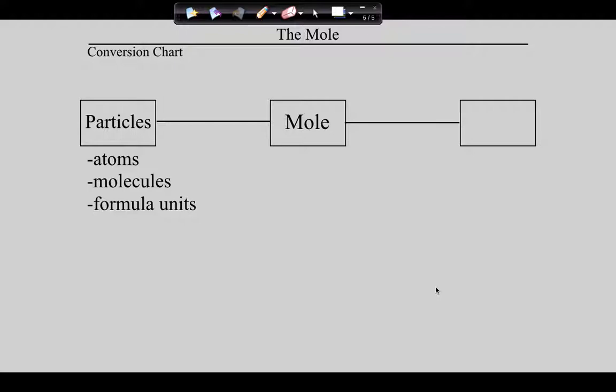So guys, what's the conversion? Avogadro's number. Oh, wait. Oh, this is animated wrong. Guys, the other thing we can convert to is mass, and that's in grams. Sorry, the animations are wrong, but we'll make it up. So guys, how do we make the conversions? Well, if we want to convert moles to particles, we need Avogadro's number.